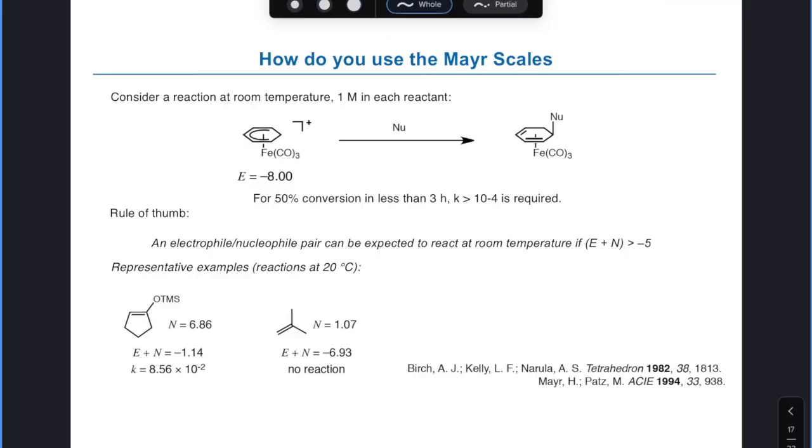Anyway, how we actually apply it. So once we've got the scales, what you can do with this, and this comes back to the selectivity concept we talked about at the beginning. The first step you can do is, if you have a pretty good idea of what your E value is and what your nucleophile value is, the first step he said is that, okay, look, for some species, if I'm expecting a 50% reaction conversion over about 3 hours, that means the k value needs to be on the order of about 10 to the minus 4.